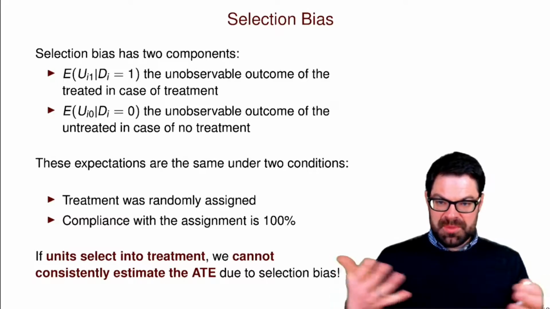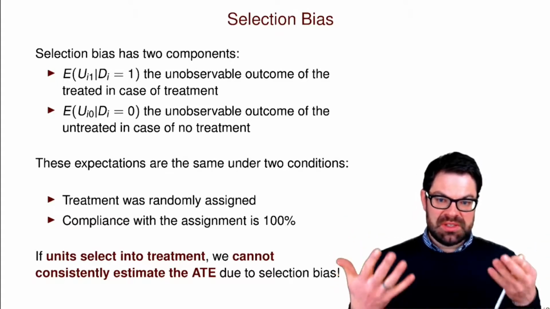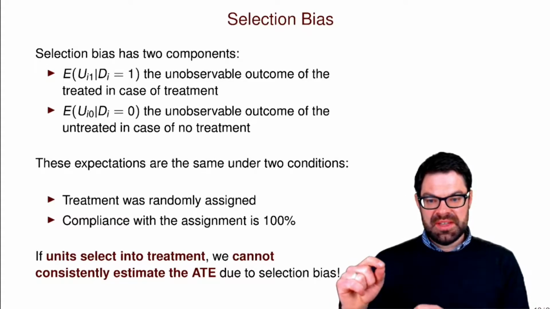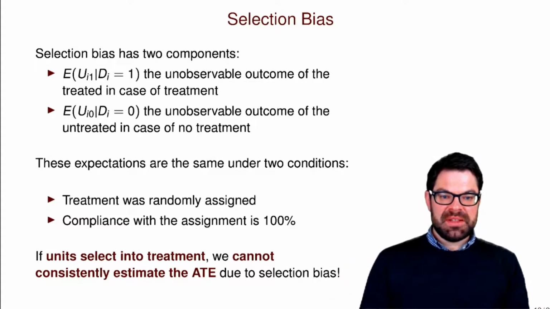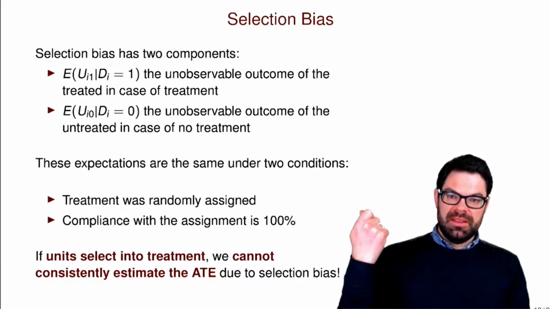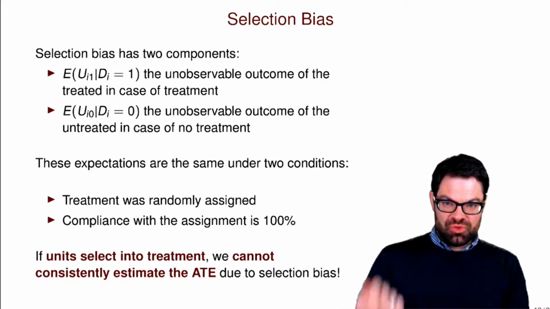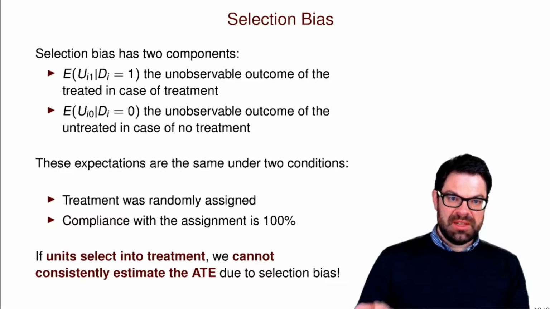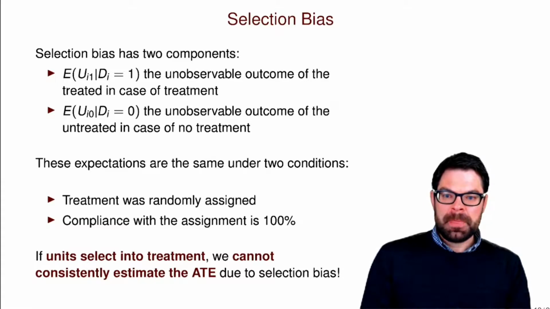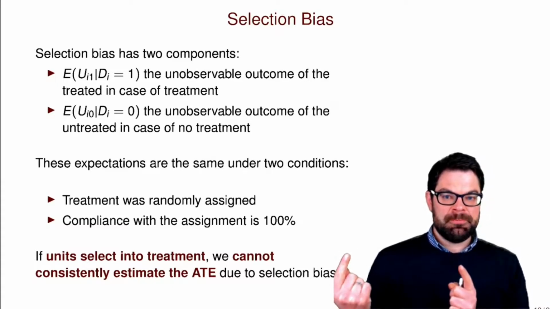And that's why experiments are so powerful and are considered so credible. But there is another element to it, which is that the compliance with the assignment has to be 100%. Right? So if people do not get to choose who takes the treatment and who doesn't, but they're forced to take the treatment if offered the treatment, then those two expectations are the same.